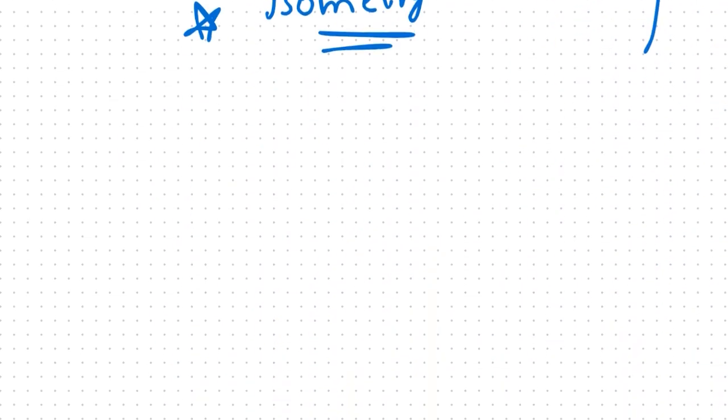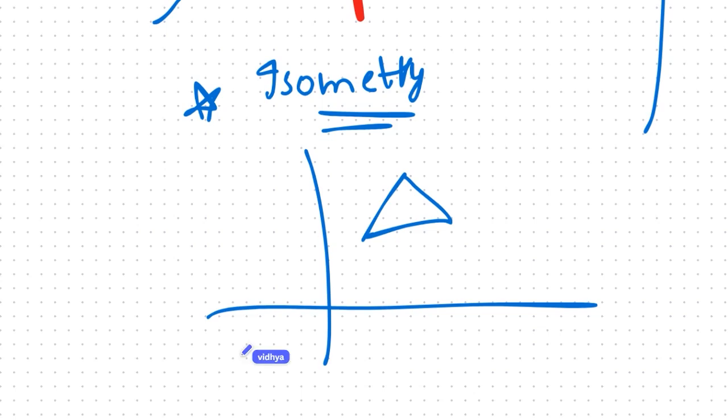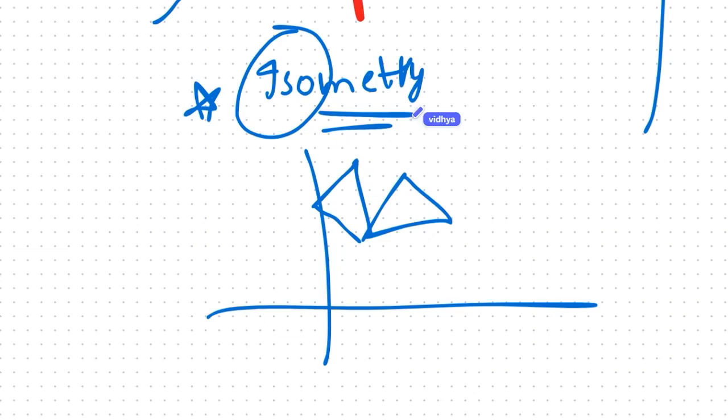See, it is a simple concept. If there is an object in the graph like this, and you rotate it so that it becomes like this, are this object and this object congruent? Yes. That is what it means by isometry. It will be the same. So rigid motion: rigid objects are solid objects, which don't change size. Iso means same. So same measure means same angles and same sides, which means same objects.